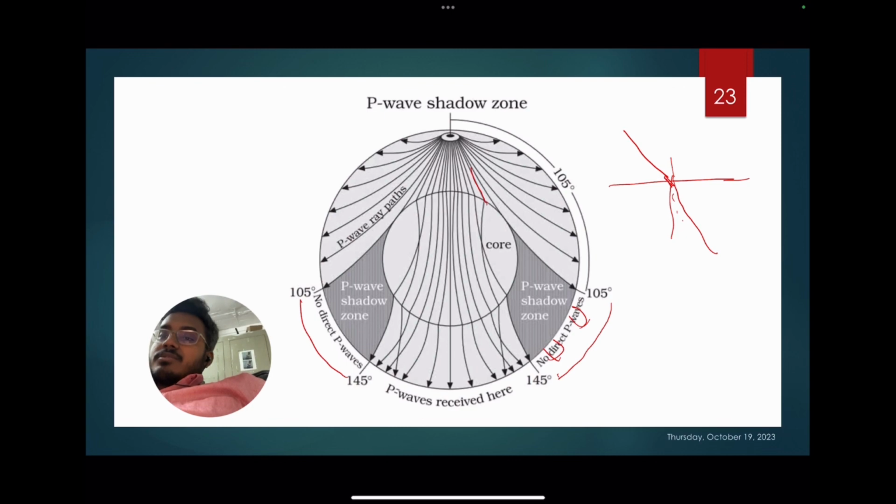So instead of going like this and being found at one of these seismometers, it moves inward toward the normal, just like the light wave, because of the decrease in velocity, and is later found somewhere beyond these 145 degrees. Thus, what we find by the S wave shadow zone is in a way confirmed by the P waves, that the outer core is actually in a molten state.